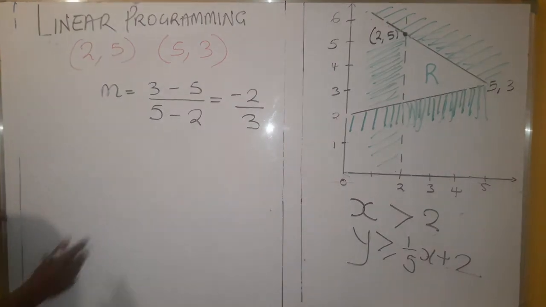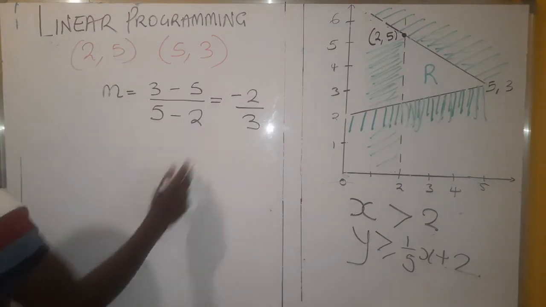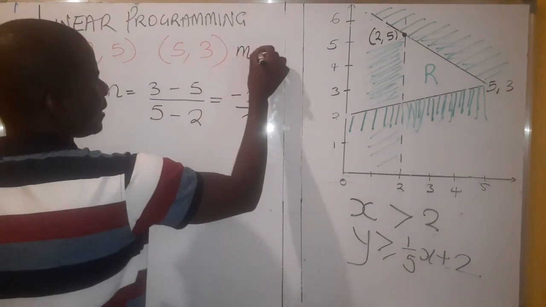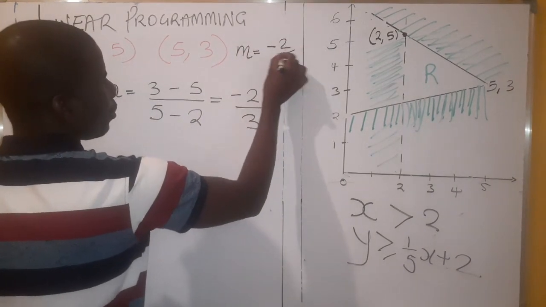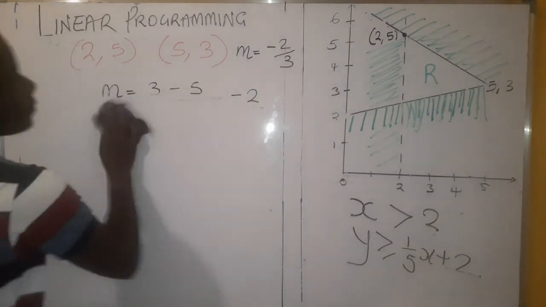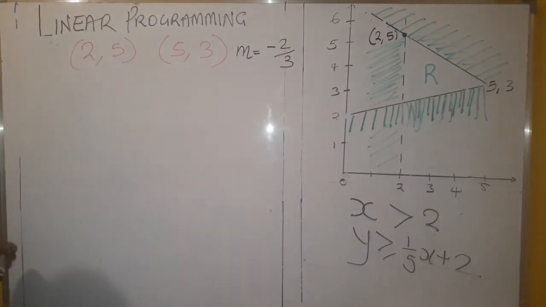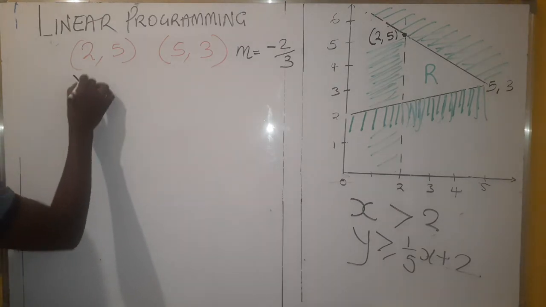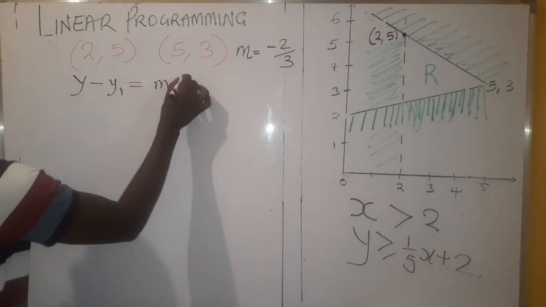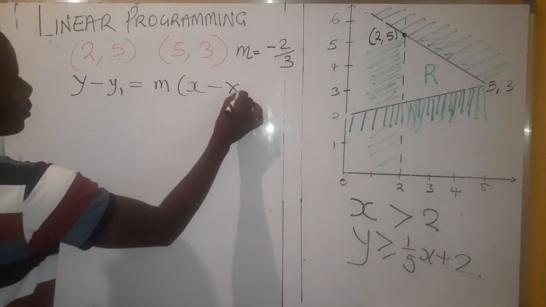Am I right? So our gradient is minus 2 over 3. We have the gradient and we can use any point. So our equation is y minus y1 equals gradient times x minus x1.